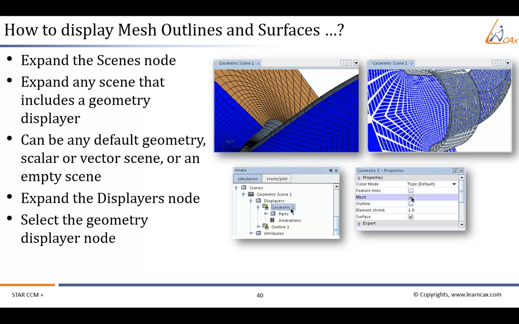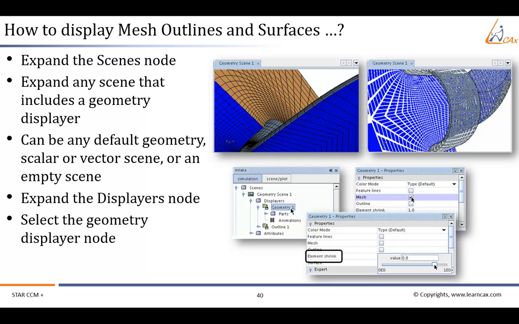In addition to displaying the mesh outlines, the surfaces of each cell may be illustrated by shrinking each surface element. For this, make sure that the surface is visible. To shrink the elements, click the right column of the Element Shrink property in the Properties window.